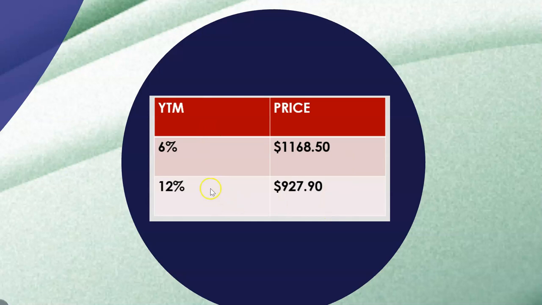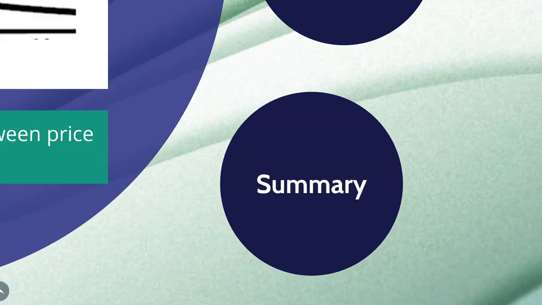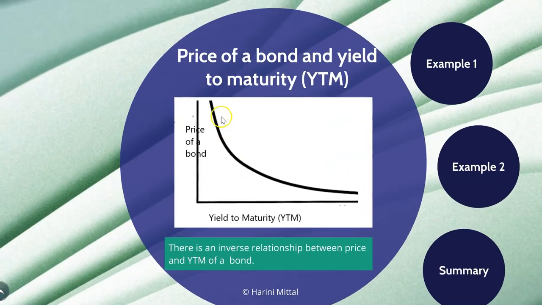If you see it the other way, when the YTM was 12%, the price was 927.90. When the YTM decreases to 6%, the price increases to 1168.50. So now you can see why we say that there is an inverse relationship between price of a bond and YTM of a bond.